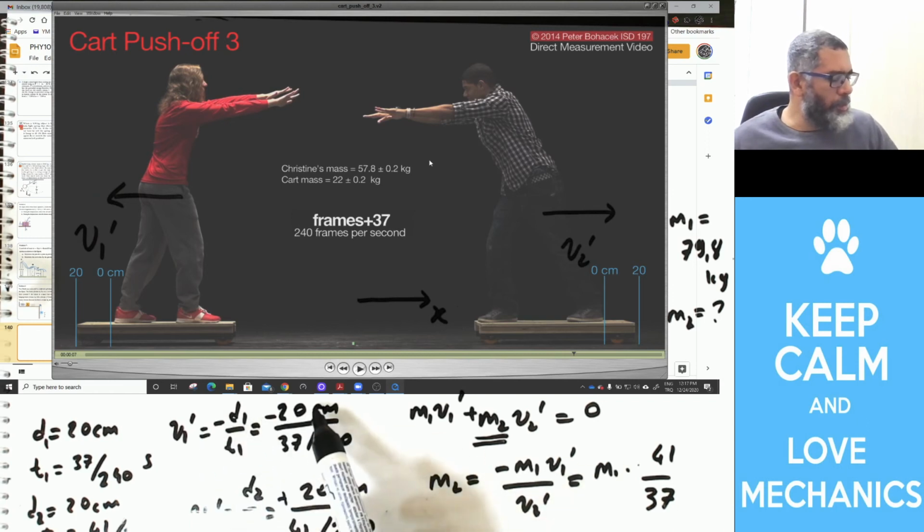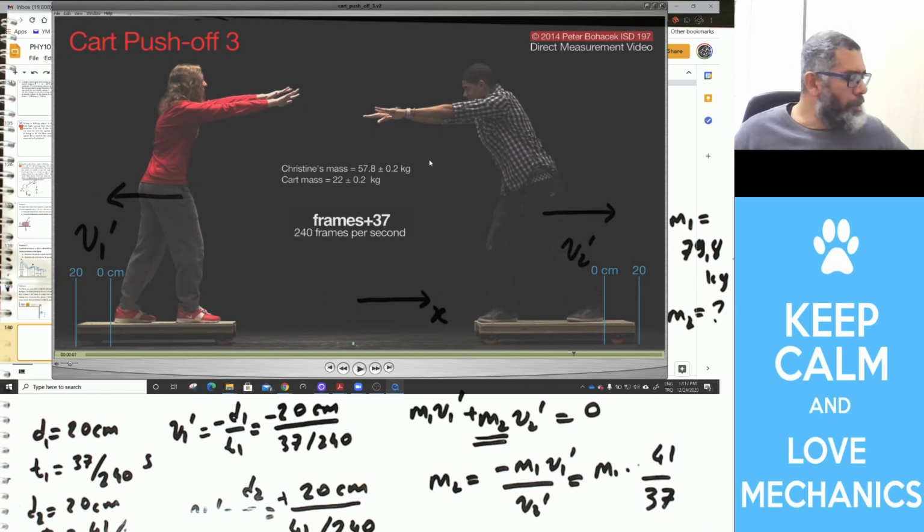These 20s will cancel out, these 240s will cancel out, but v2 prime is proportional to 41, and v2 prime is the denominator over here, so it's going to be 41 divided by 37. So obviously, from this information, you will notice that the boy's mass is going to be larger than the girl's mass because of this fraction. This 41 divided by 37 is larger than 1.